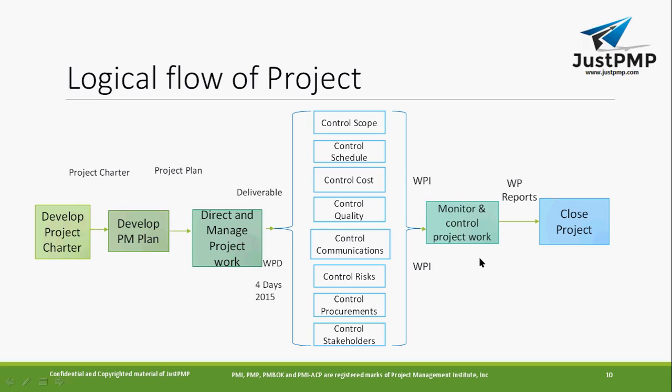When it passes to monitor and control project work, now you are going to see this in terms of the whole project. Here you see it in terms of a particular task, but there you will see it on a whole project basis. Now, if you give this information, you are going to monitor in terms of project work.